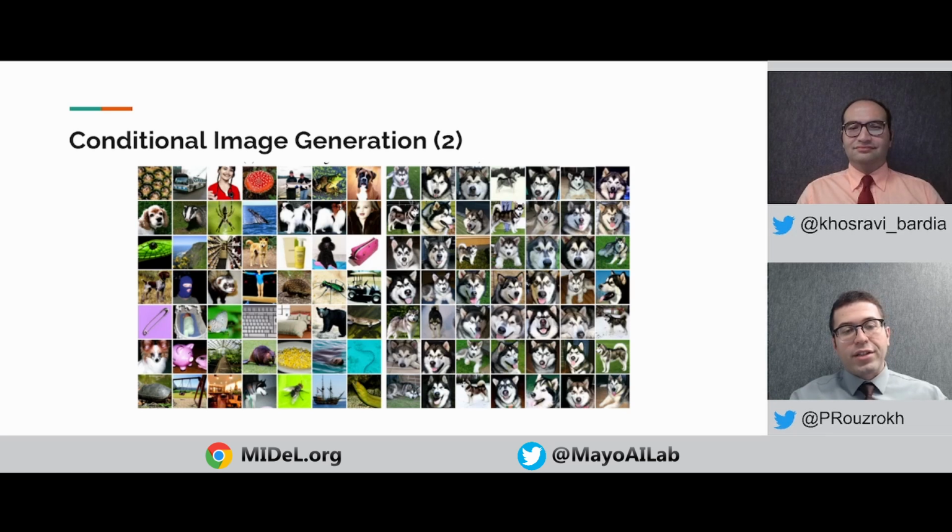You could, as Bardia said, condition them on a specific class that you're interested in. This is super interesting for medicine as well, because when you are creating synthetic images, you might be interested in creating images showing specific pathologies or maybe a specific normal variant of a local population.